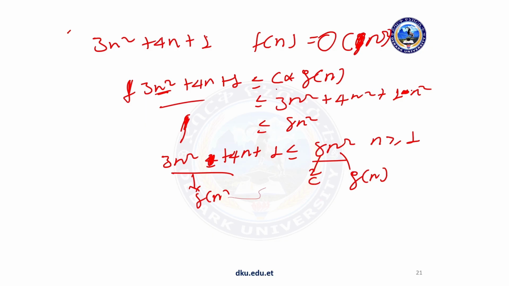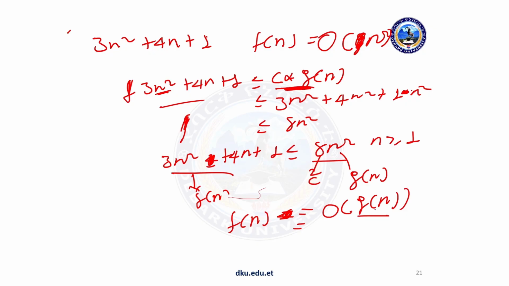By using this formula, we can define f of n equal to big O of g of n, as in the formula of big O notation.